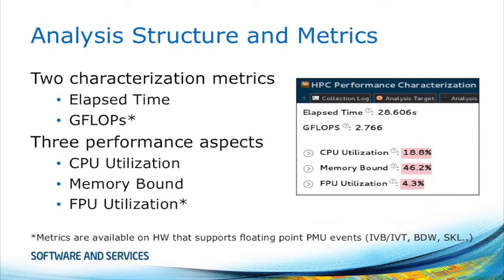And there's a little asterisk to it with a footnote saying metrics are available on hardware that supports floating point PMU events. So that means, oh God, Broadwell, to some very limited extent KNL; Haswell, Ivy Bridge, Sandy Bridge, Knights Corner, all those don't. Okay? So it's not that many Intel CPUs.